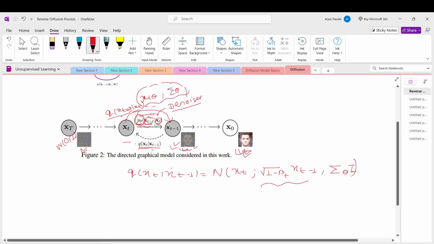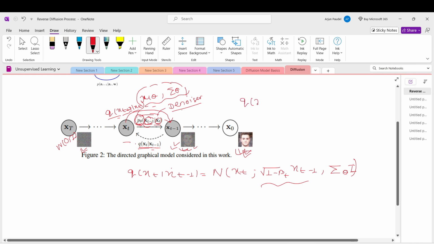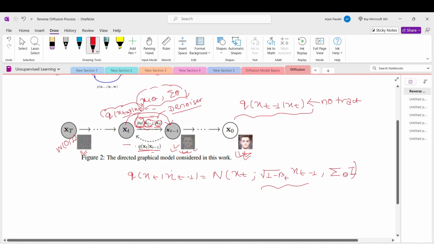This is the actual reverse distribution, but it is not computable, so we approximate it using this neural network p theta. This quantity, q of xt minus 1 given xt, is not tractable. So we use our neural network to predict the reverse distribution, and this is used when we are training. We have to take care of it.